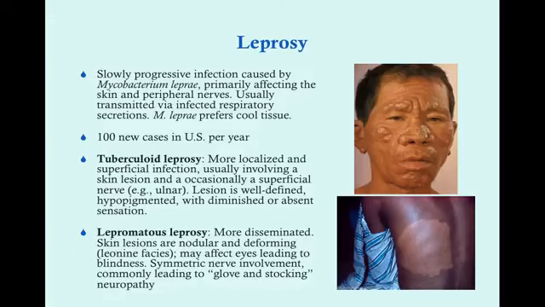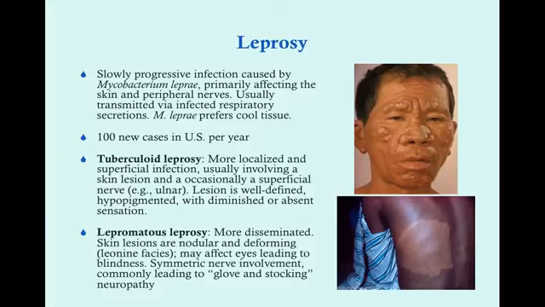Primarily it affects the skin and peripheral nerves, for reasons I'll talk about in a second. Usually it's transmitted via infected respiratory secretions, and it works a lot like TB in the way it's transmitted. It's taken up by alveolar macrophages, and it is disseminated hematogenously. And this particular bacterium likes to proliferate in cooler tissue, usually between 90 and 93 degrees Fahrenheit.